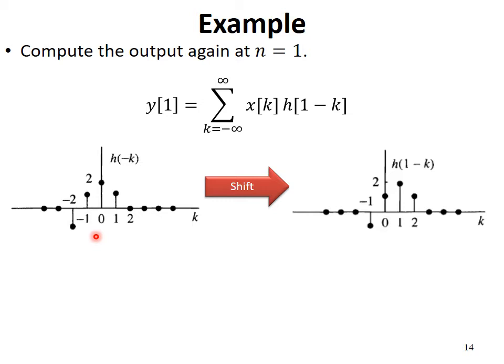After finding h of 1 minus k, we will multiply it with x of k, and then the product sequence will be determined, and from the product sequence you can determine y of 1. So now let us write down the sequence obtained from the shifting. The sequence which we got from the shifting is minus 1, 1, 2 and 1.